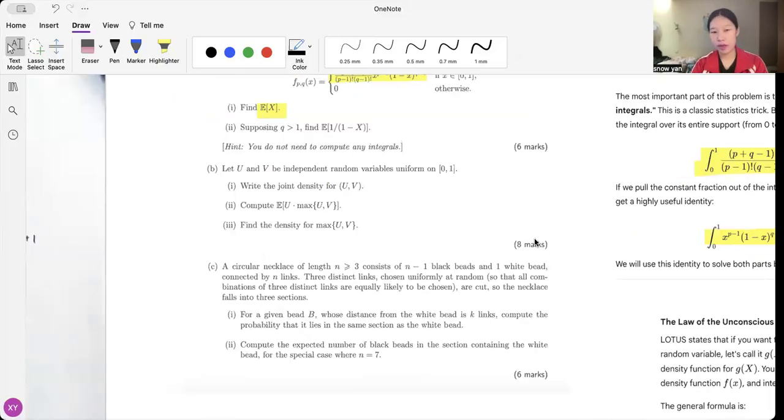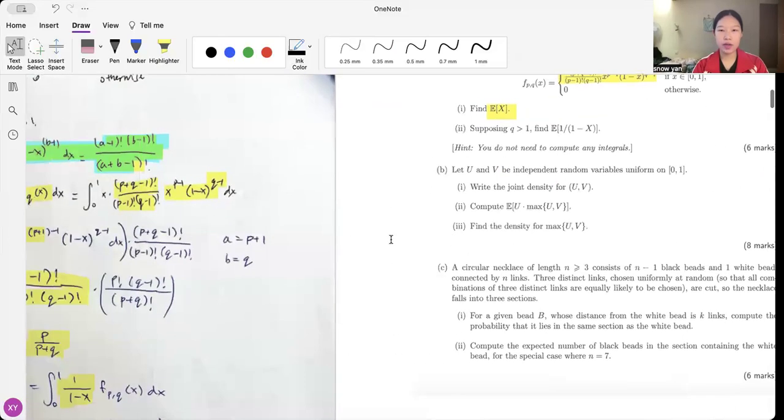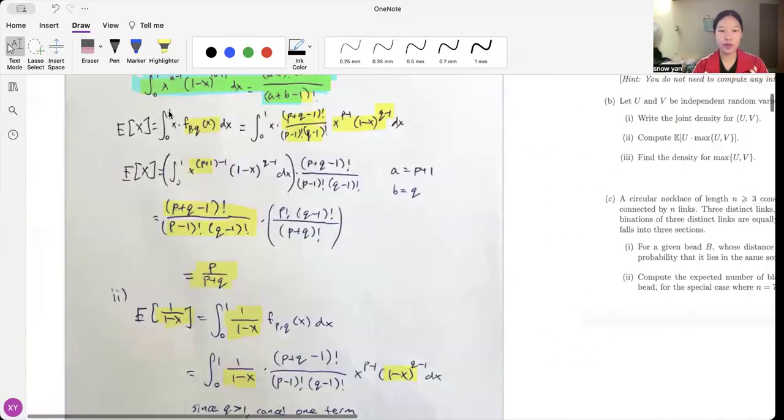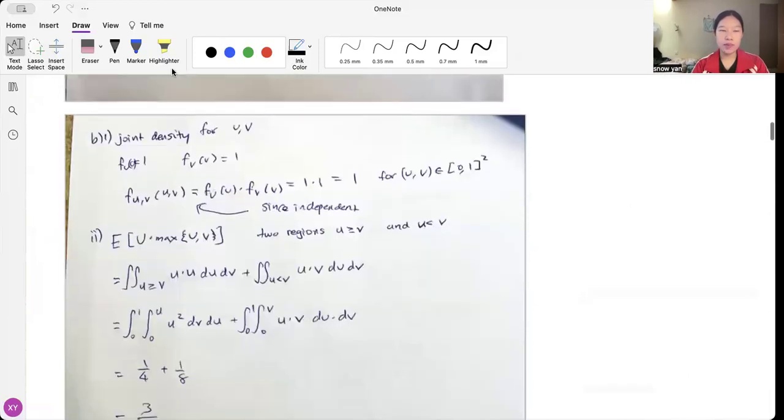Let u and v be independent random variables, uniform from 0 to 1. Write the joint density for u and v. Both u and v are independent.